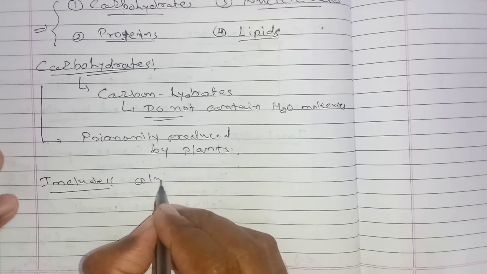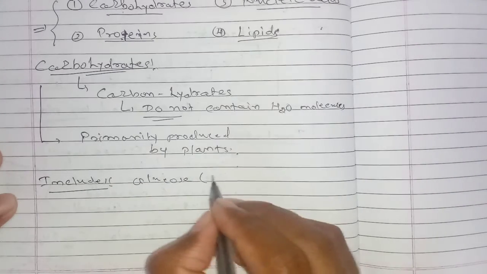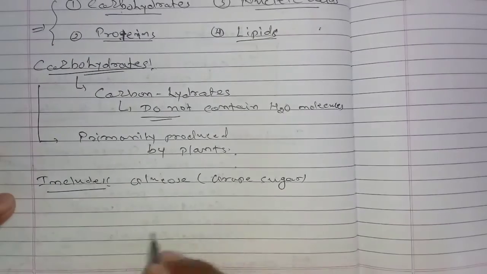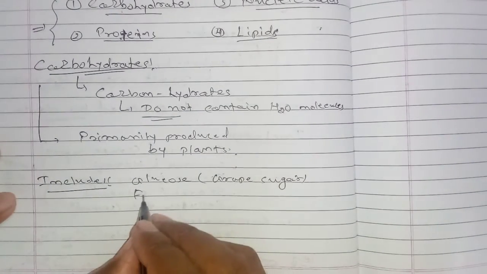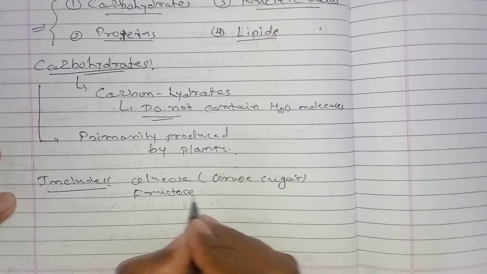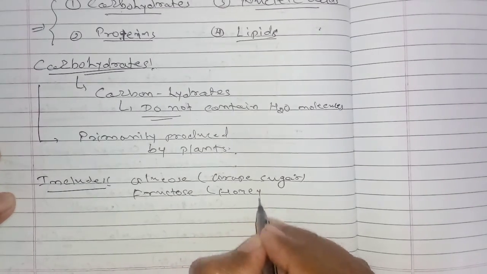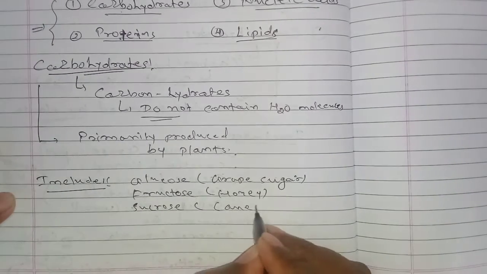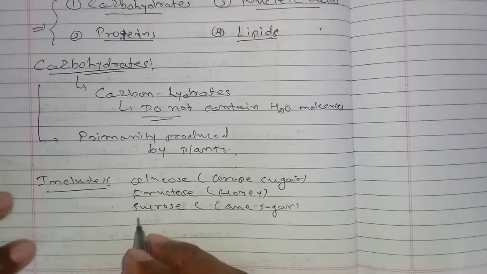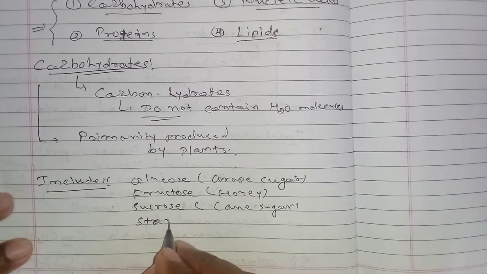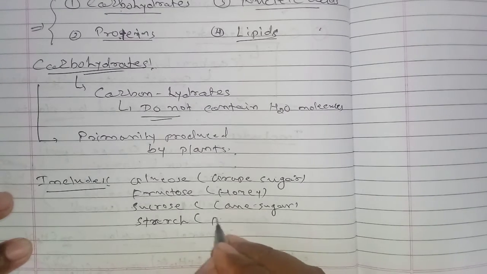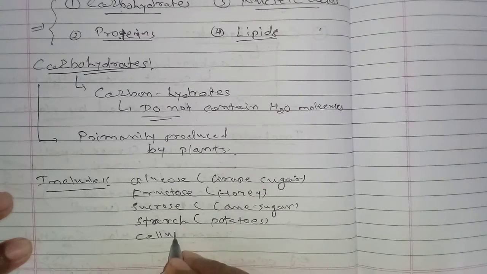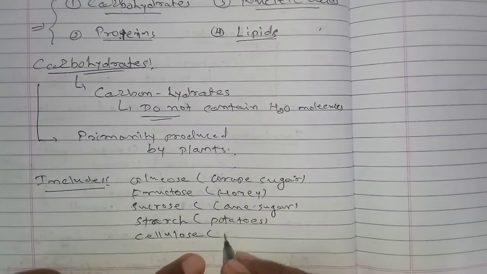glucose, for example, from grape sugar, or fructose from honey, sucrose from cane sugar, or starch from potatoes, and the cellulose from wood.